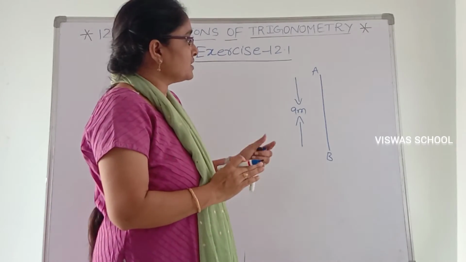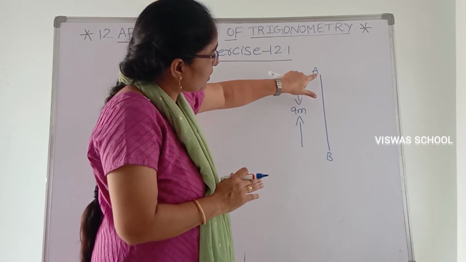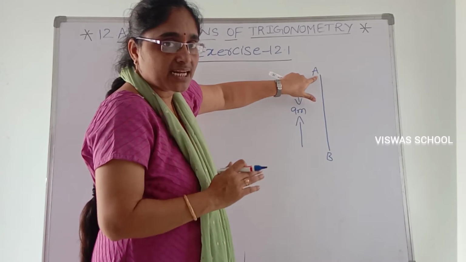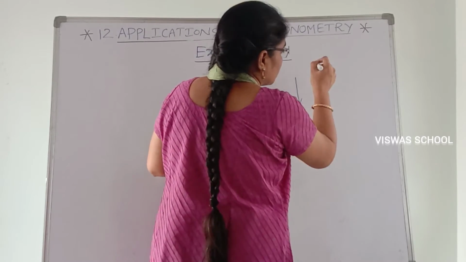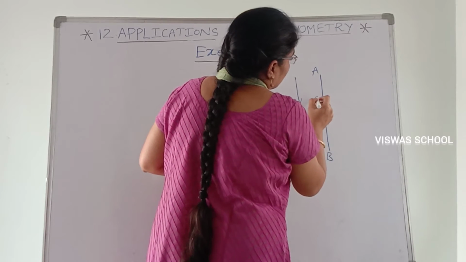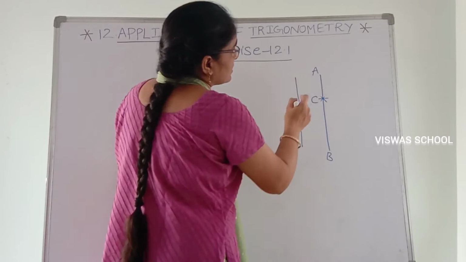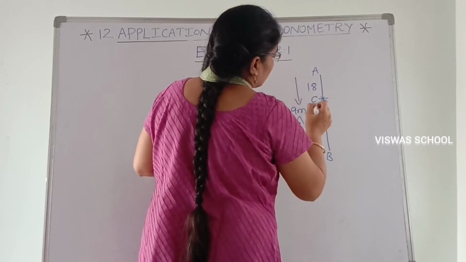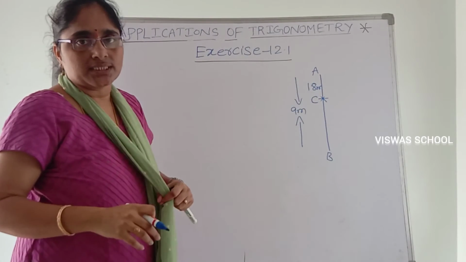And a person wants to do repair work on the pole here. From the top of the pole, the electrician reaches here, which is 1.8 meters below. Here I am taking this as C, so this AC is 1.8 meters. The total height of the pole is 9 meters.